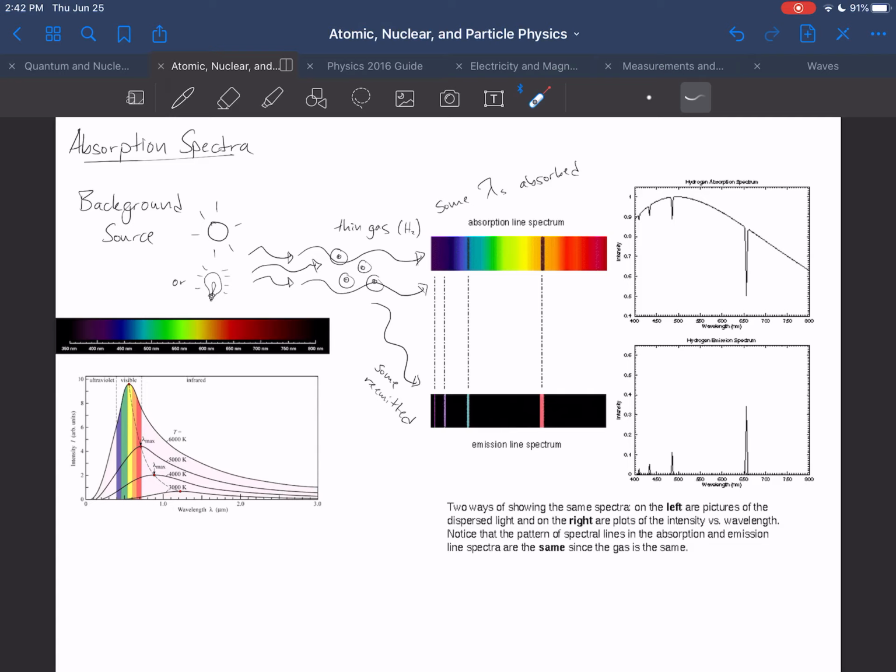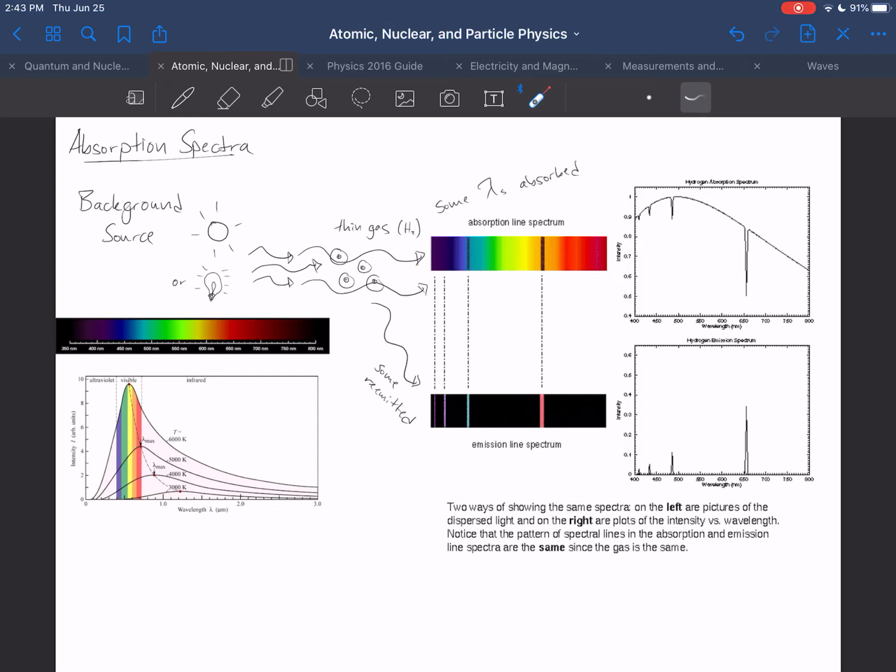Well, the light that is absorbed exactly corresponds in energy to the difference in the energy levels of the absorbing atoms. So the thin gas can only absorb light, or any electromagnetic wave, that has exactly the energy that corresponds to the energy gap between its energy levels.